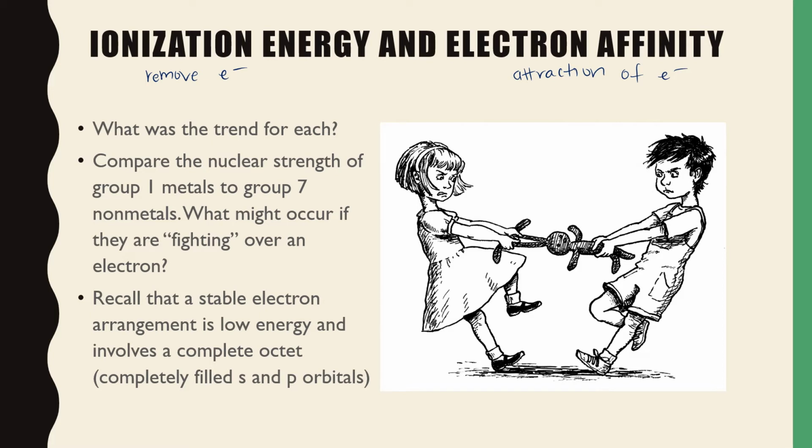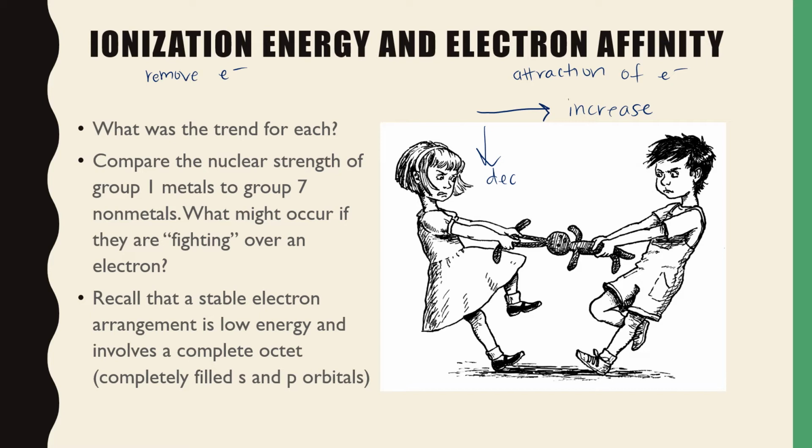We should have seen that as we move to the right, the pull of the nucleus increases, and ionization energy and electron affinity also increase. As we move down a group, electron affinity and ionization energy decrease. So then the question is, if I compare the nuclear strength of a group 1 metal to that of a group 7 nonmetal, what might occur if they are fighting over an electron?